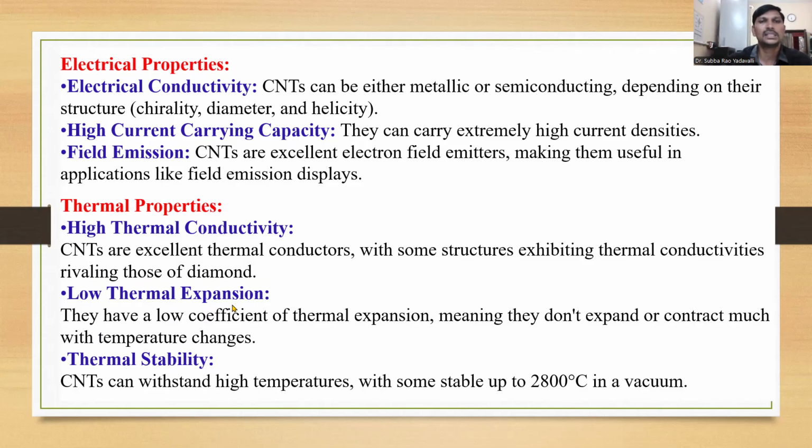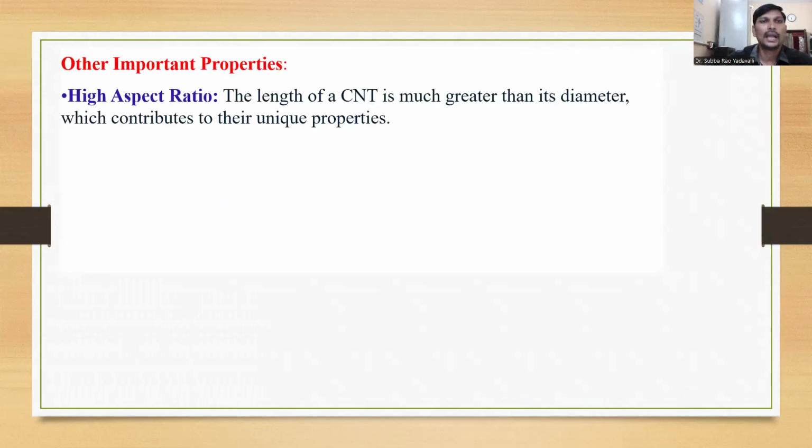And next one, thermal stability. They are highly stable when increasing or decreasing the temperature, which indicates the stability of carbon nanotubes. These carbon nanotubes can withstand up to 2800 degrees centigrade temperature in vacuum. And coming to the other important properties, high aspect ratio.